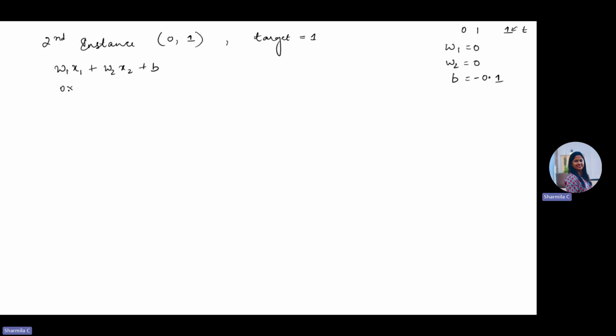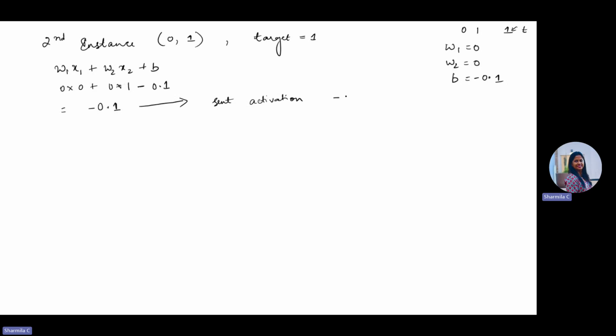So it is 0 into 0 plus 0 into 1 minus 0.1. What is the answer I'm going to get? It is minus 0.1. Now this is sent to the activation function, that is the step function.